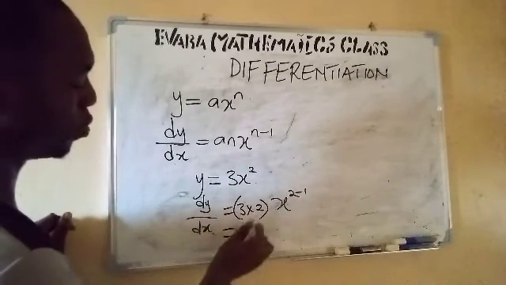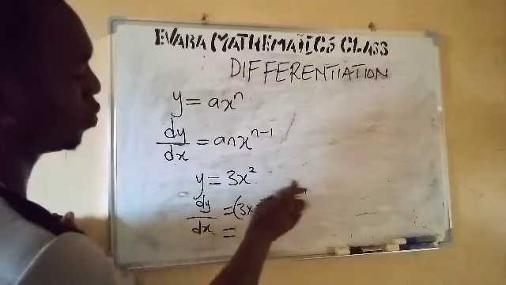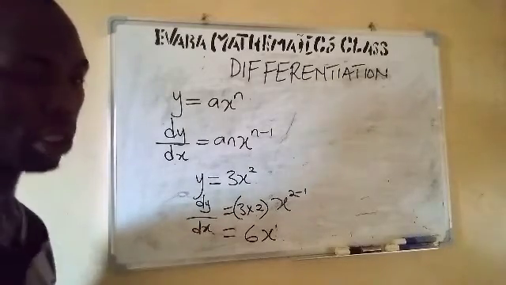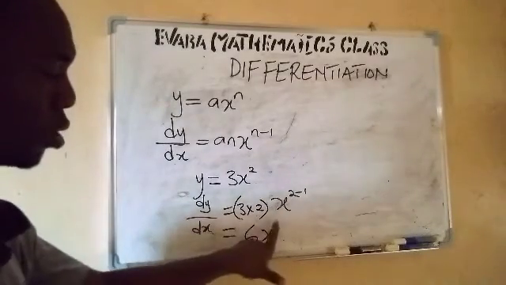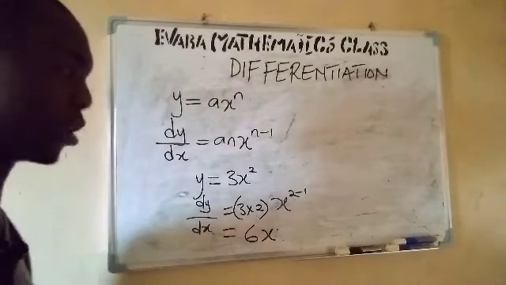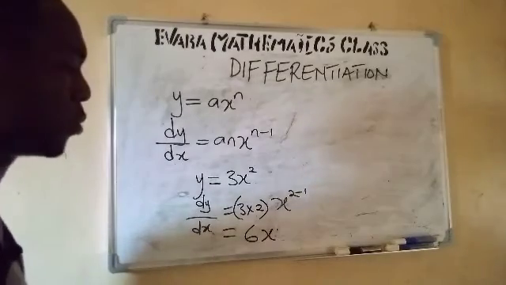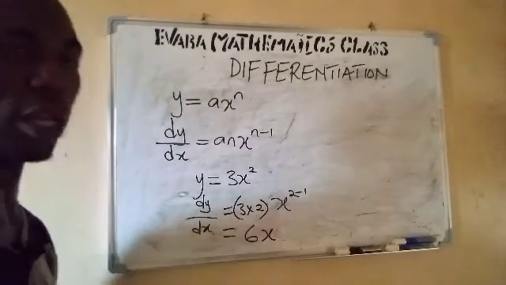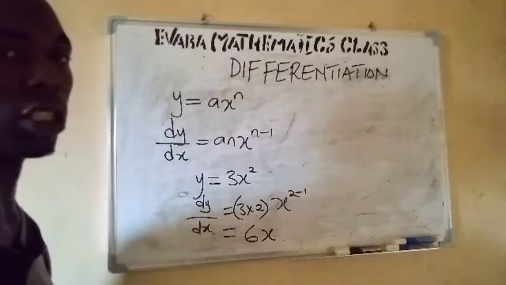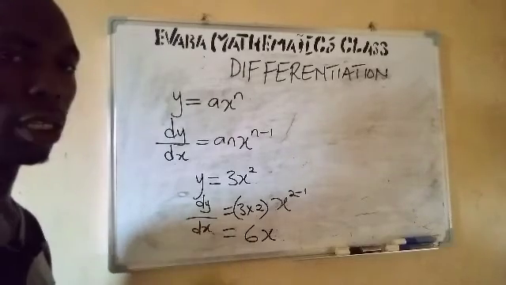So 3 times 2, 6x. 2 minus 1 is 1. And of course, this one is not necessary. We don't need to write n raised to power 1, it is still the same thing. So you just simply write x. So this is how to differentiate an algebraic term.